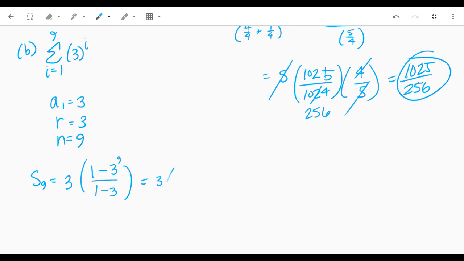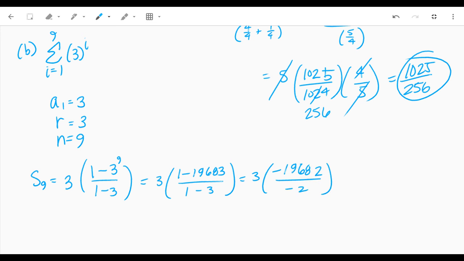So 3 times, let's see, 3 to the 9th is 19,683. So I'll have 3 times negative 19,682 over negative 2. Okay, and just use your calculator. The negatives cancel out, and we end up with 29,523.